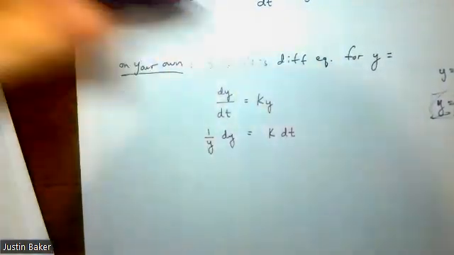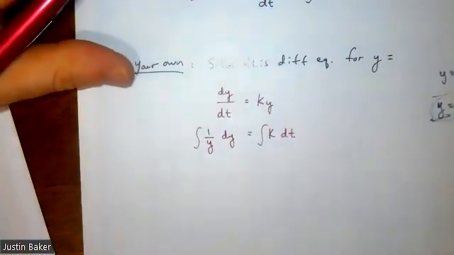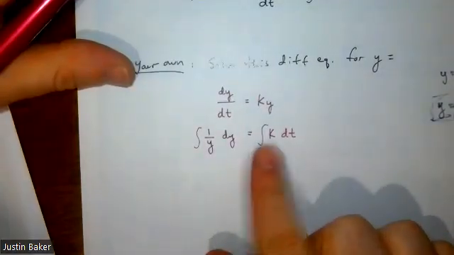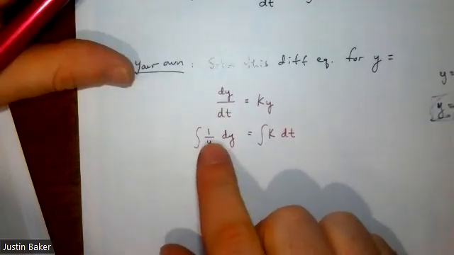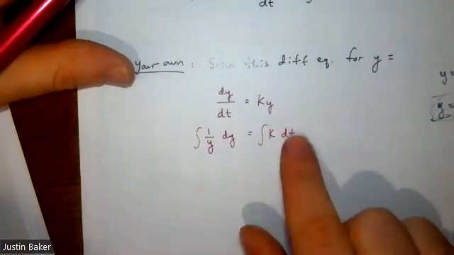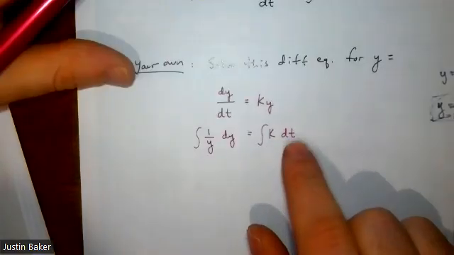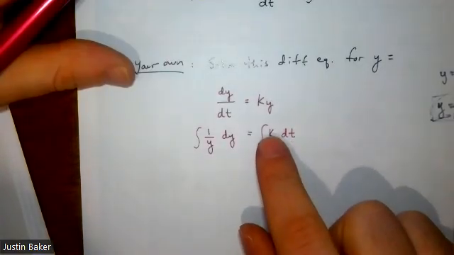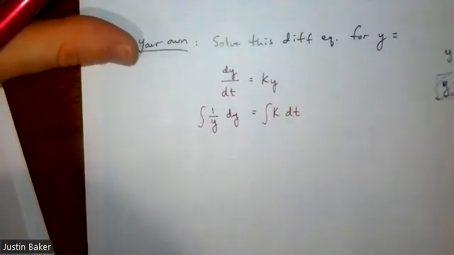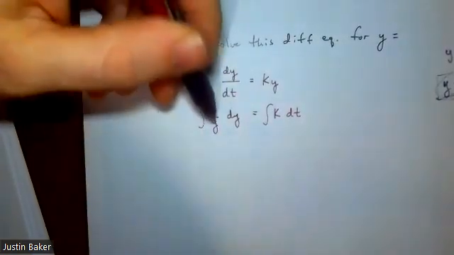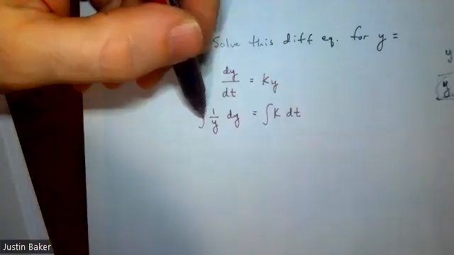And we're going to integrate both sides. So the overarching goal here when you do a differential equation is to split the variables up so that you have them on matching sides. Now, k is just a constant in this problem. So when you integrate with respect to t, think about what that's going to give you. If we integrate both sides here, 1 over y, there's 3 big ones, 1 over x, 1 over y, 1 over u.